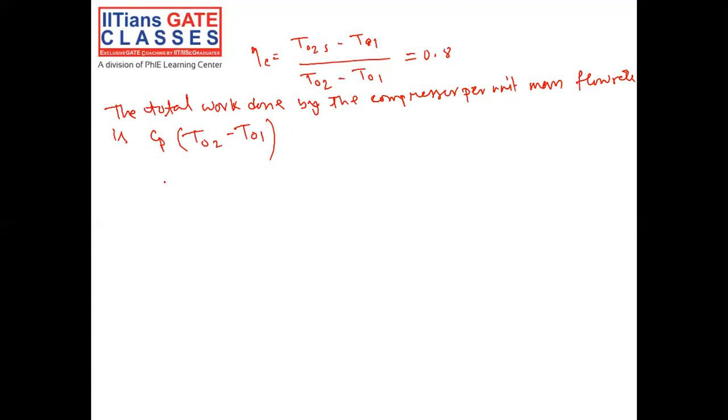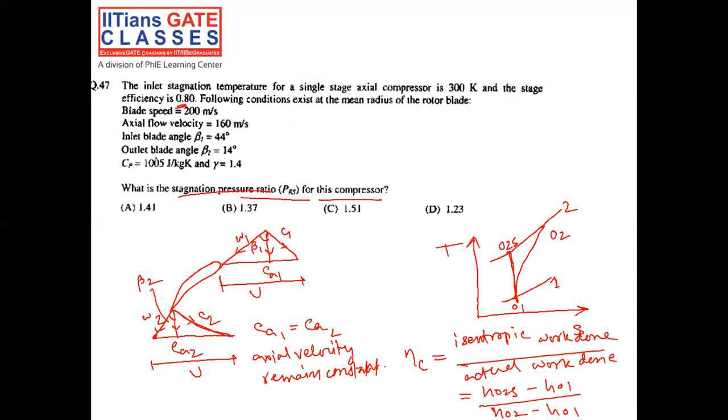And all this total work done by the compressor can also be written in terms of this blade velocity and axial velocity and the flow angles. So U is given as 200 meter per second and CA is given as 160 meter per second, and beta 1 is 44 degree, beta 2 is 14 degree.